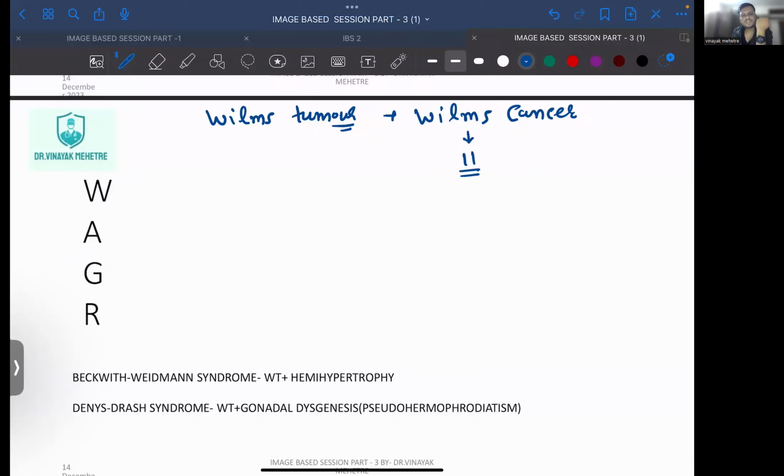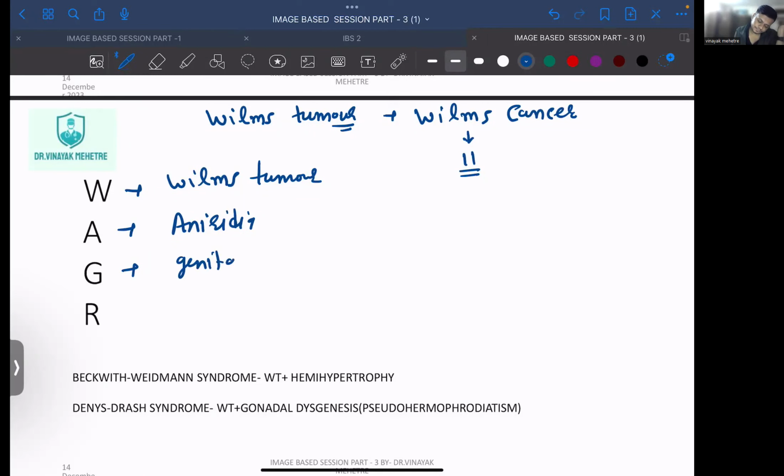Wilms tumor is associated with what? It is associated with WAGR syndrome, right? What happens in WAGR? Wilms tumor, aniridia. What does G stand for?